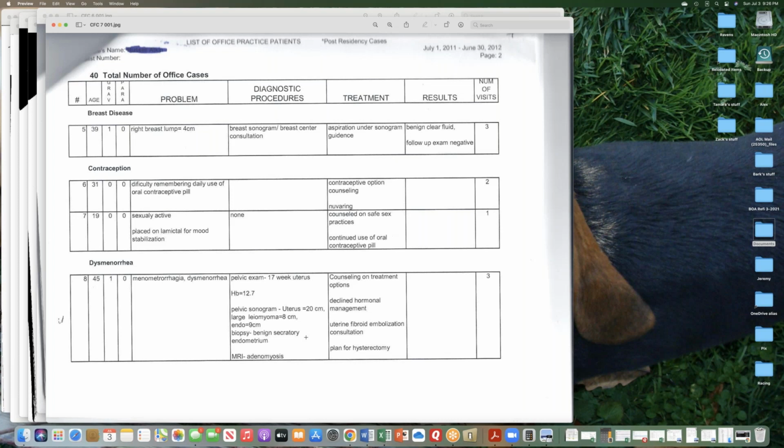Now, again, I suggest that people don't put fasting lipids, glucose, urine dip, and mammogram, and list everything singularly. I would suggest putting age-appropriate screening for a well woman.